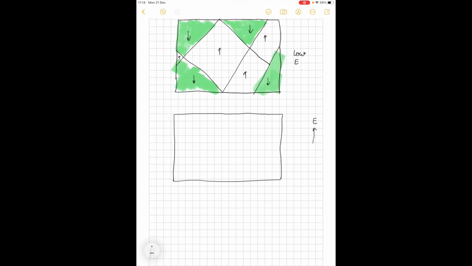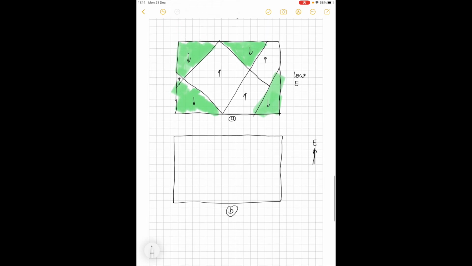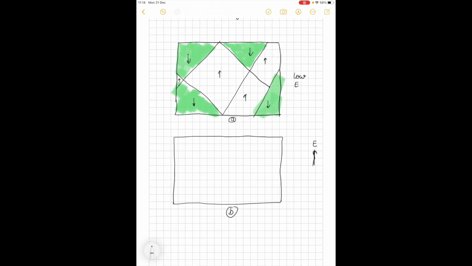So the area of the domain along the plus Z direction would increase. Now instead of figure A, we'll have figure B, and it will look something like this.